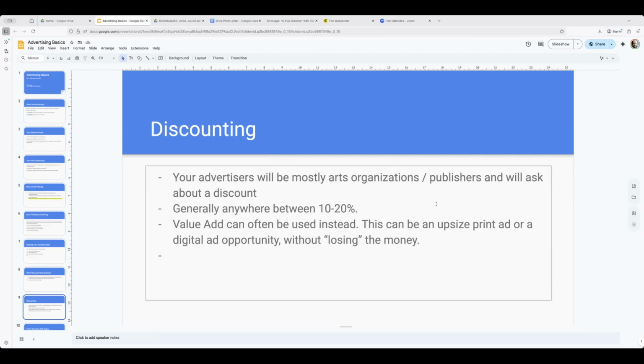So what do you do with that? I think generally it's important to offer something, and then also, anywhere between 10 to 20%.